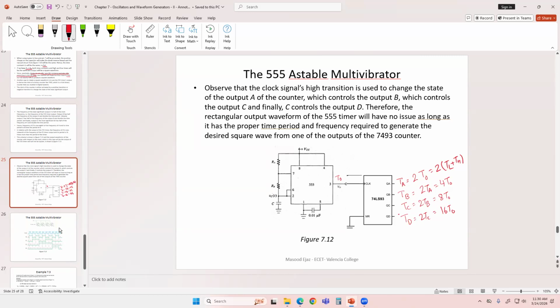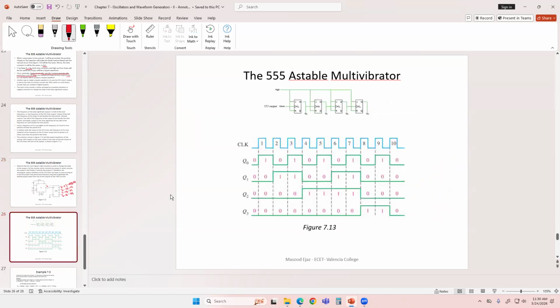Now, how does the counter work? Just to refresh your memory, that's the clock. Remember, the counter works when the clock is going up. You have 4 flip-flops in the counter. When the clock is going up on the positive edge, then your output changes.